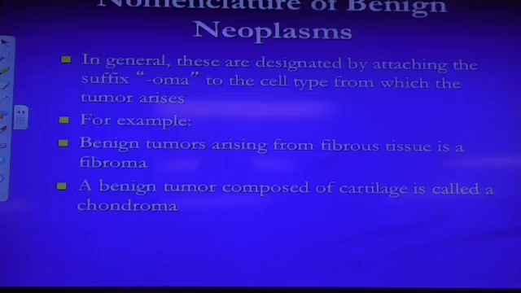Chondro means cartilage. So chondroma would be a benign tumor of cartilage. What would be a malignant tumor of cartilage? Anybody? I said a benign tumor composed of cartilage is called a chondroma.